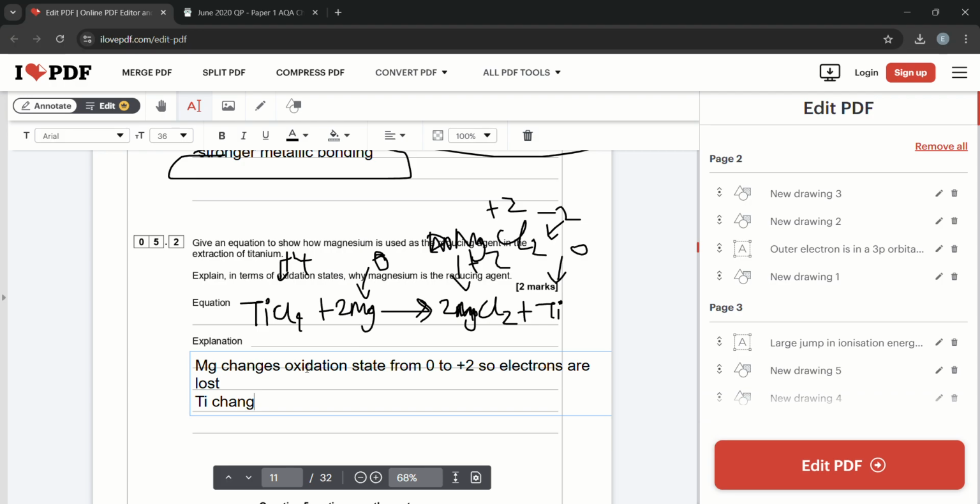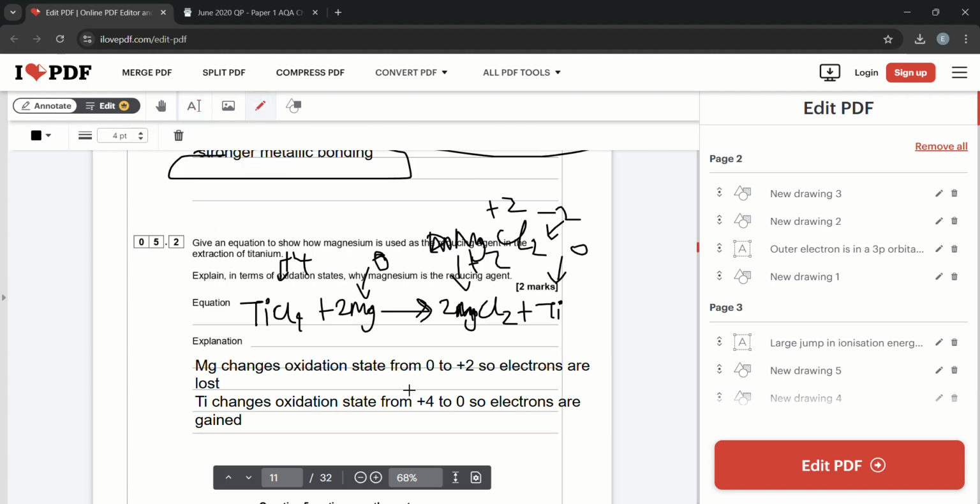Ti changes oxidation state from +4 to 0, so electrons are gained. That's what we have to say. That's all we have to say, but it's 2 marks and it is a bit of a long explanation. But the equation you need to know off by heart: 2Mg plus TiCl4 arrow 2MgCl2 plus Ti.